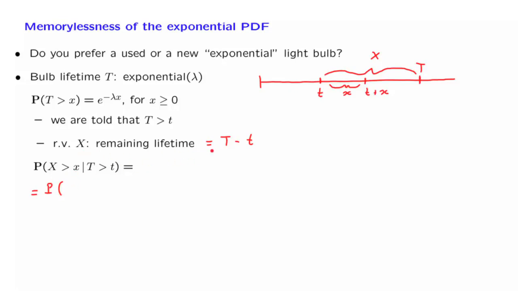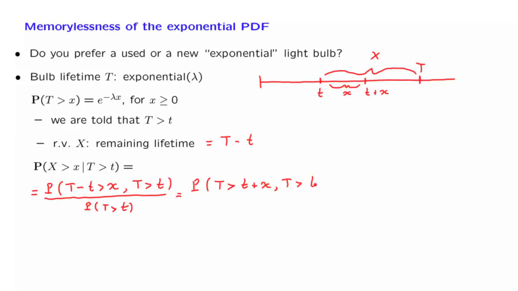On the other hand, capital X is T minus t, so we write it this way: T minus t is bigger than little x, and also that T is bigger than little t, divided by the probability of the conditioning event. Just write this event in a cleaner form, capital T being larger than little t plus x and being larger than little t, again divided by the probability of the conditioning event.